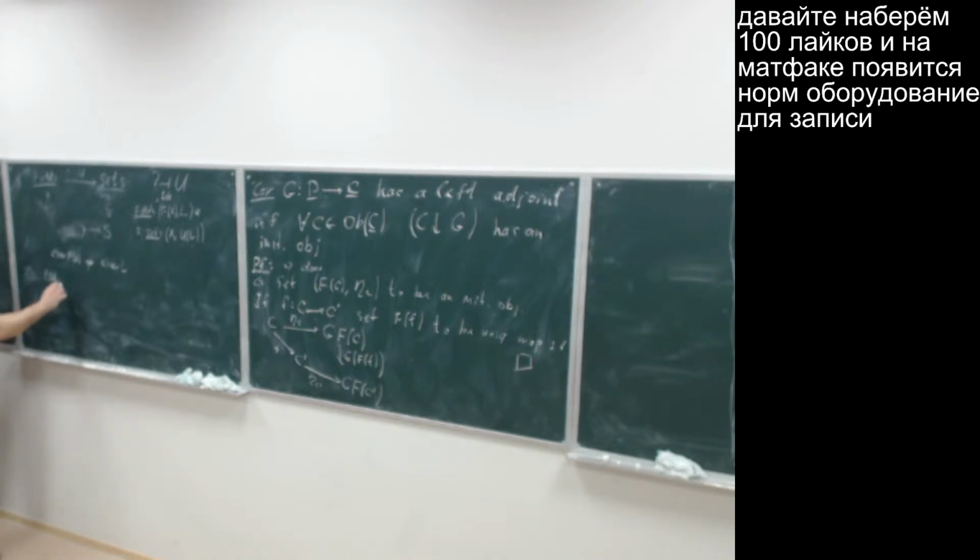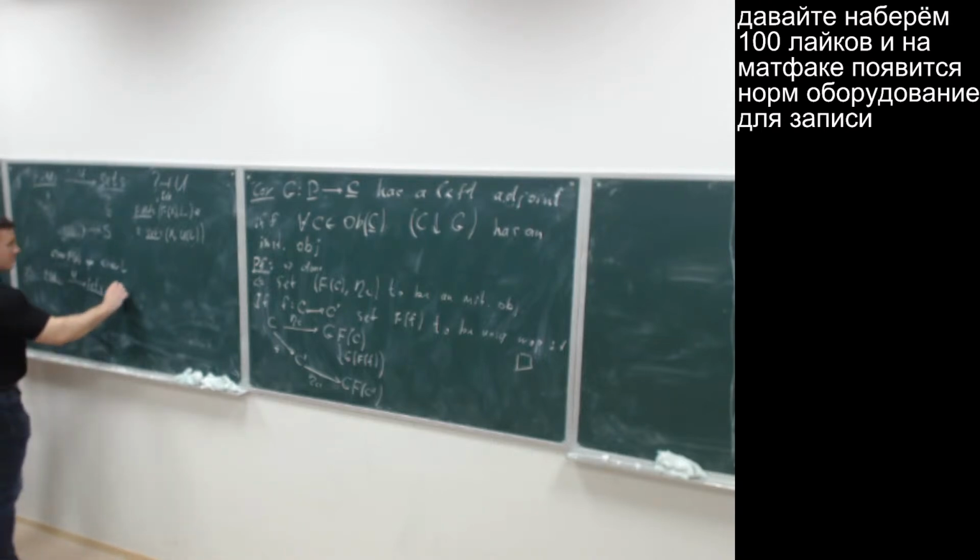Lipschitz maps. Can you remind us? Again, forgetful functor, the question is the same, you have a left adjoint. Lipschitz maps means the following.